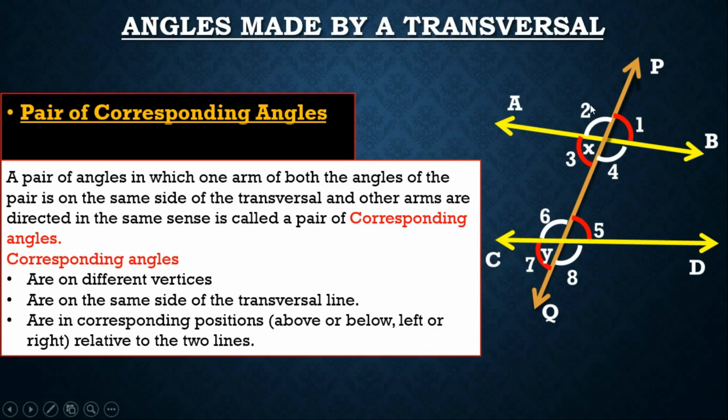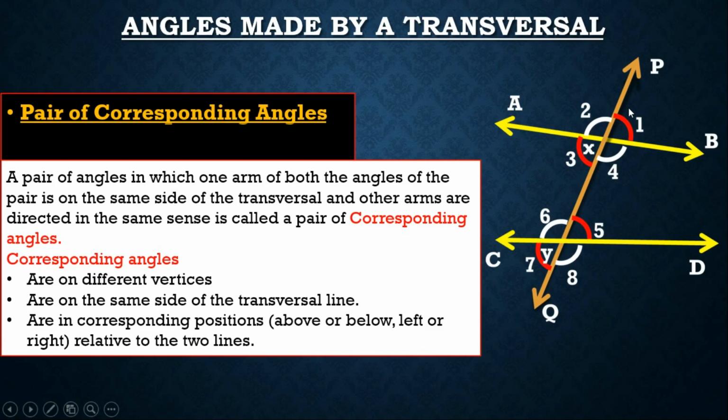If one angle is above, then the other angle will also be above. If one angle is on the left hand side, then the other will be on the left hand side. If one angle is on the right side of the transversal, then the other will also be on the right side.